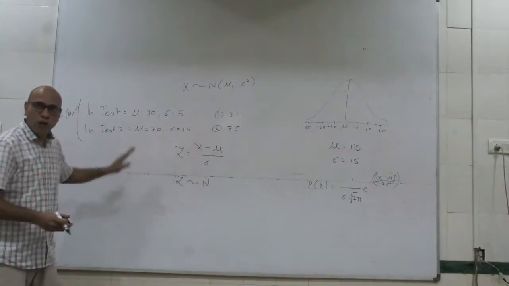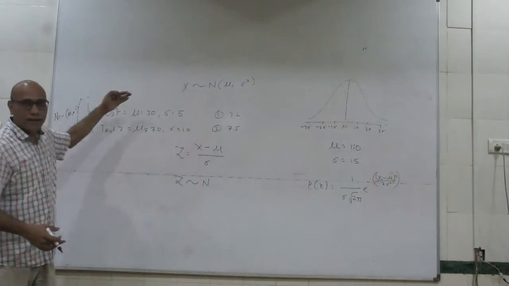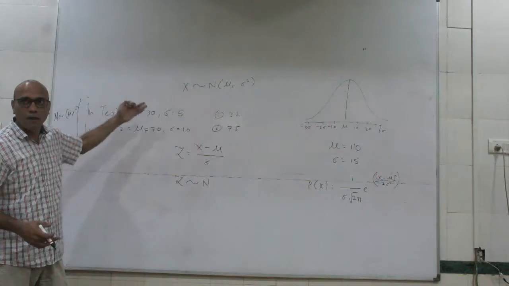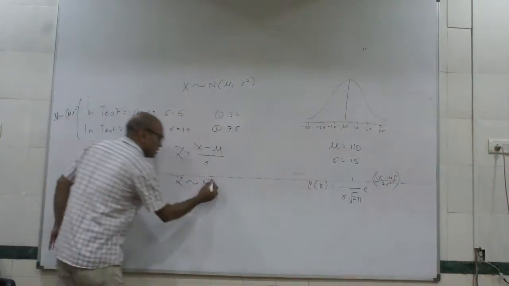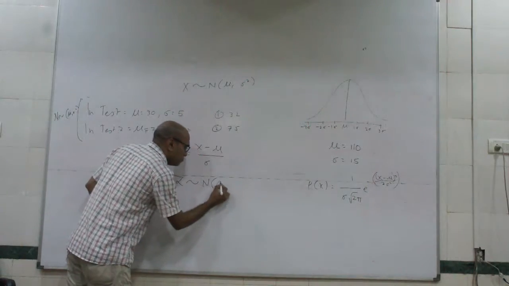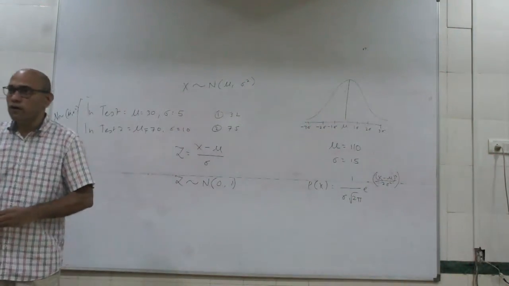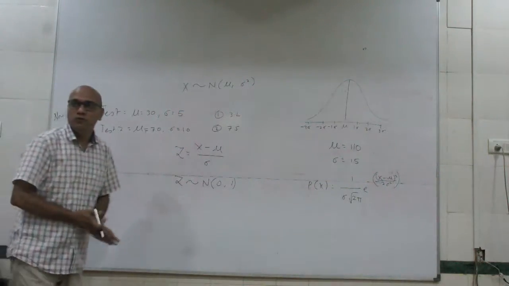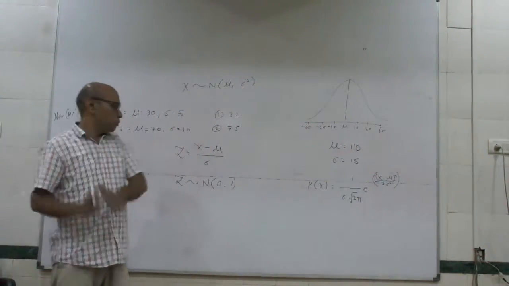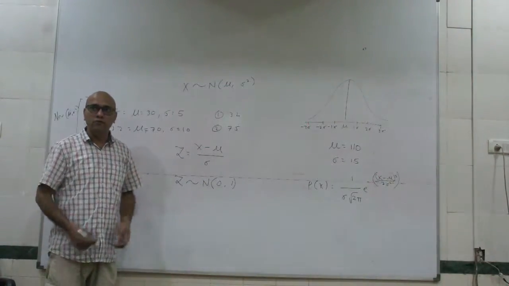The only difference between Z and a normal distribution is that Z, the standard normal, is normally distributed with mean 0, variance 1. Okay? So if I convert these values to a distribution which is mean 0, variance 1, then I should be able to compare these two values.